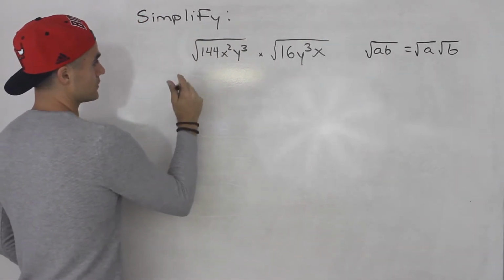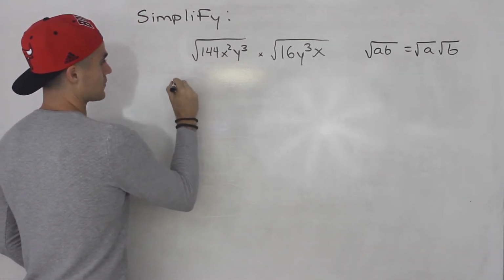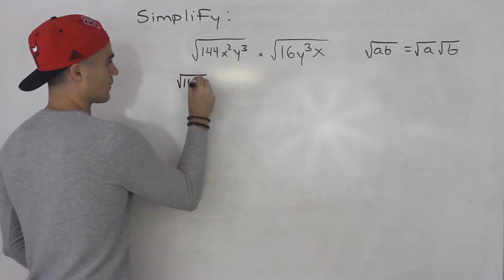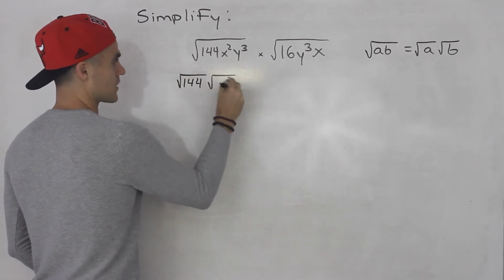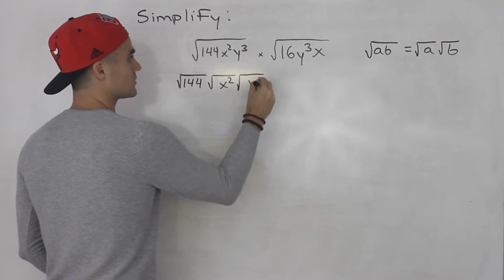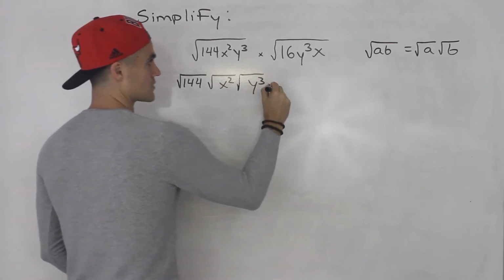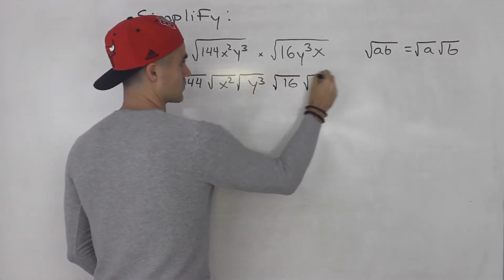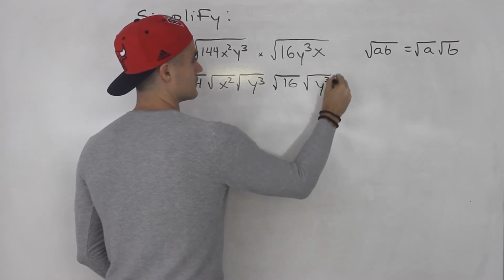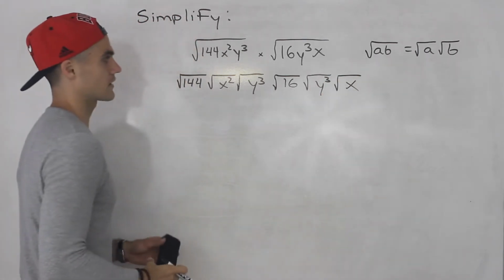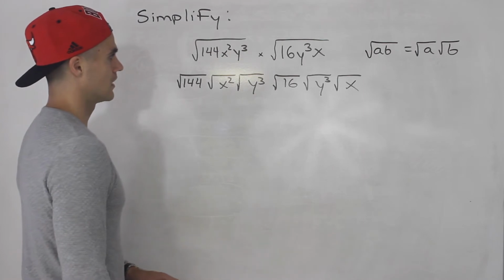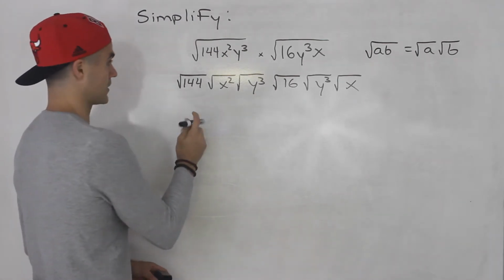So what we can do is split up the square root into the square root of 144 times the square root of x squared times the square root of y cubed, and then times here the square root of 16 times the square root of y cubed times the square root of x. Right, and let's just go through them one by one, see what we get.